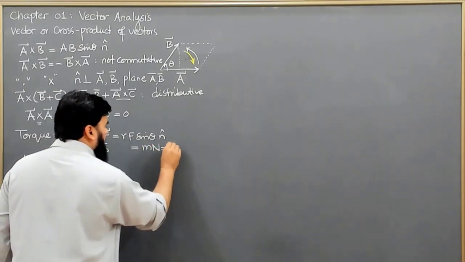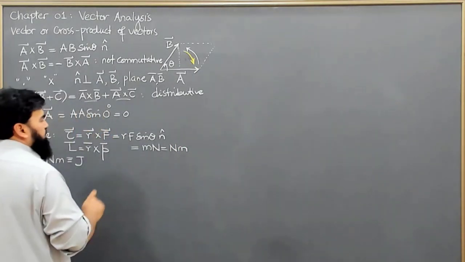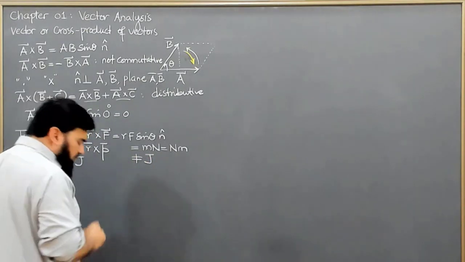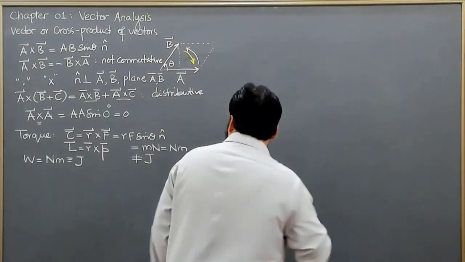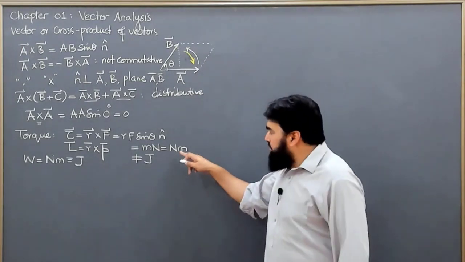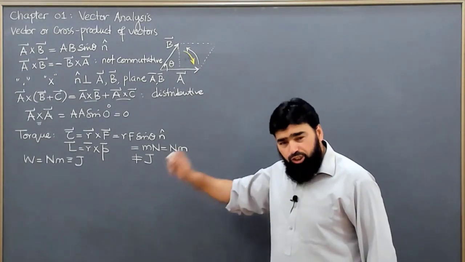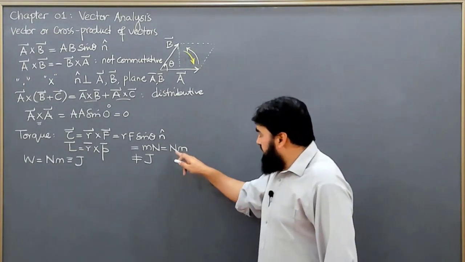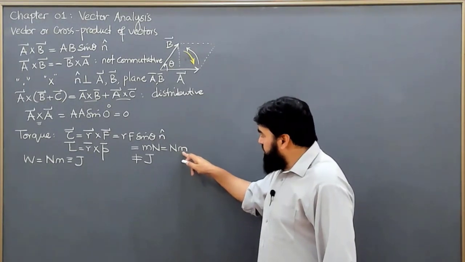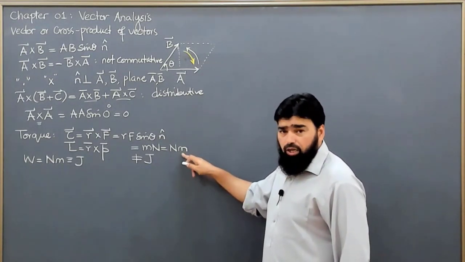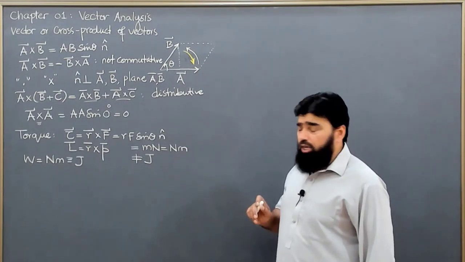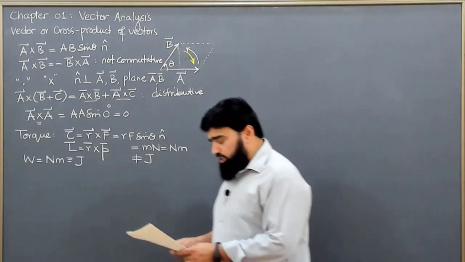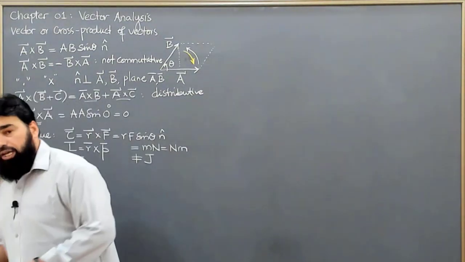So this is again Newton into meter, but we will not call it joule, because this meter dimension is due to the rotational dynamics. It is the rotation around a certain axis, and that's the reason this length dimension comes as extra in rotational dynamics, and we will not call it joule. So these are two different types of dynamics.